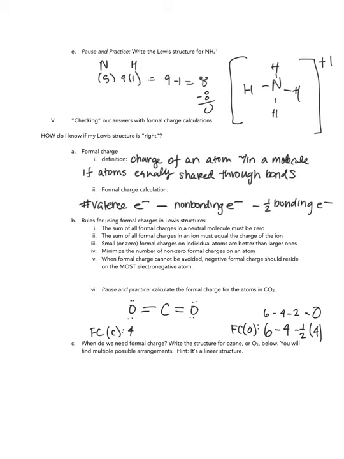We have no lone pairs, so we just subtract 1/2 times the number of electrons in bonds, which is 8. So that gives us 4 minus 4 equals 0. So for all 3 of our atoms, we have a formal charge of 0. 0 plus 0 plus 0 equals 0, which is equal to the neutral or 0 charge of our molecule.